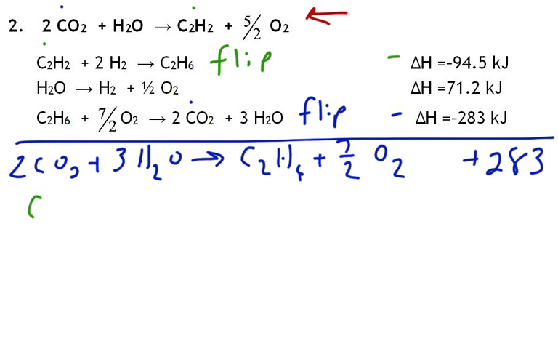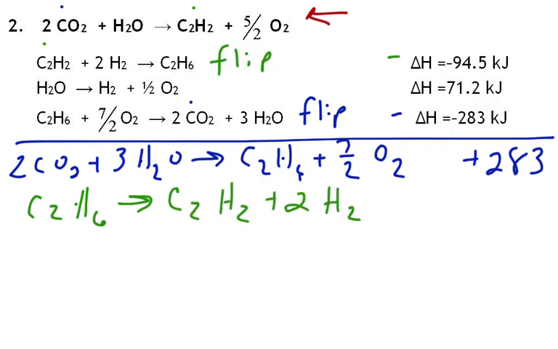So we have C2H6 going to C2H2 plus 2H2. And since we changed the direction of the reaction, we have to change the sign, so we end up with positive 94.5.